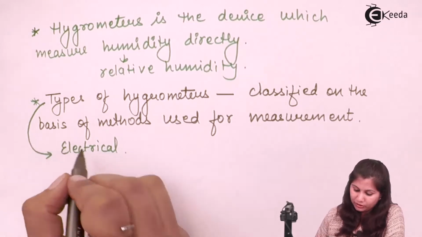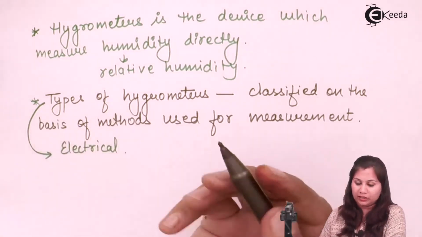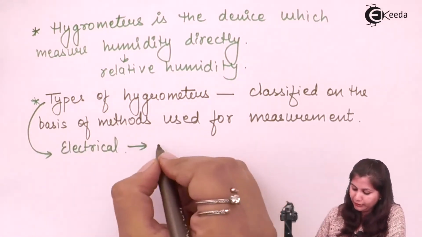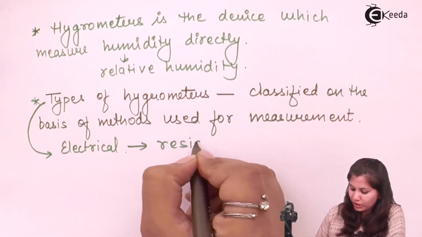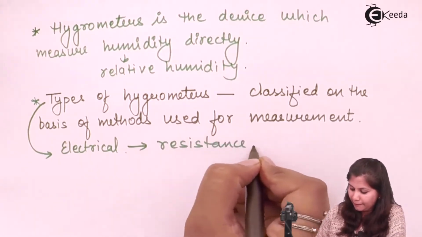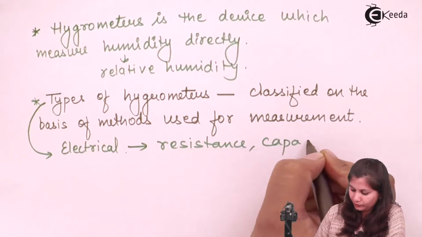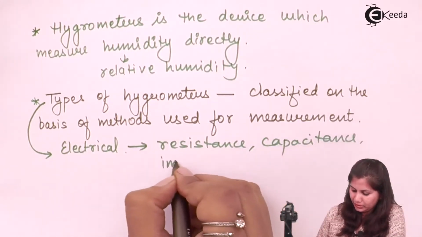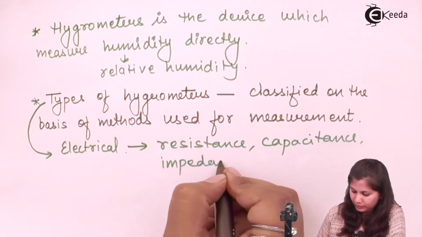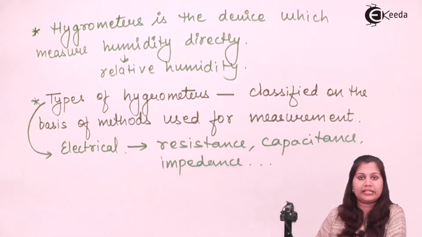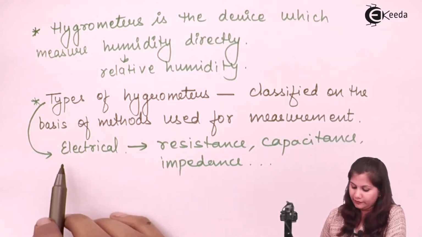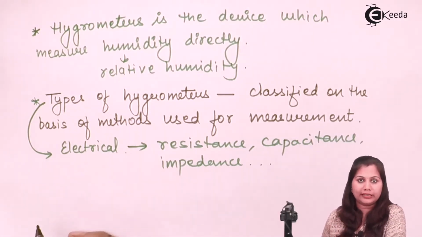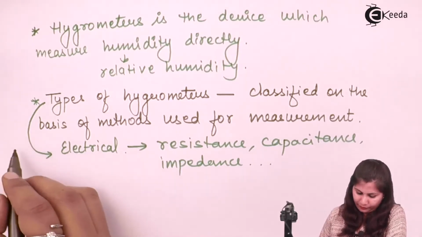So electrical types of hygrometers measure humidity by measuring the changes in the resistance, capacitance or impedance. If there are any changes in the electrical parameters due to the humidity, those methods are called electrical methods.